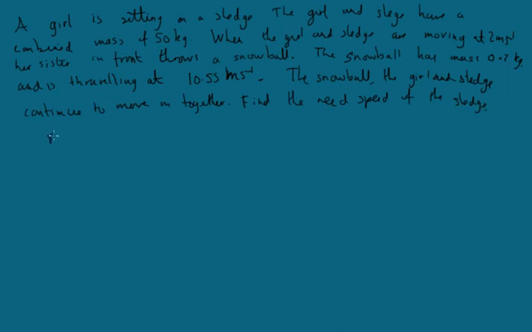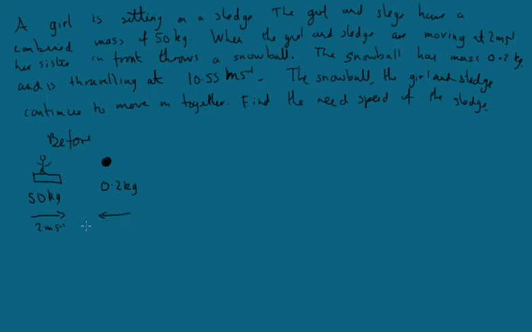So we've got our before situation. We have the sledge and the girl, and the mass here is 50 kilograms, and they're moving in this direction at 2 meters per second. And now we've got a snowball with mass 0.2 kilograms moving in this direction.